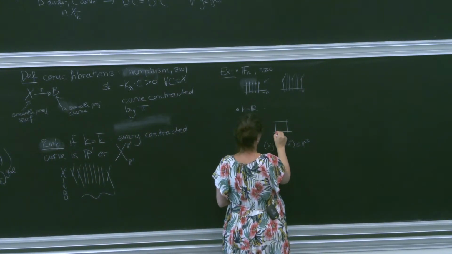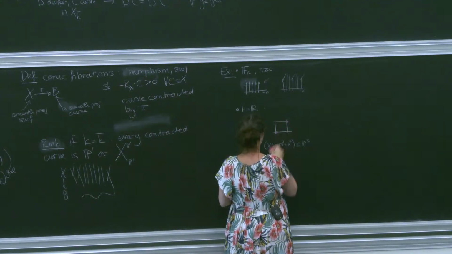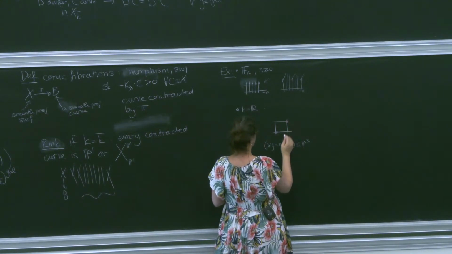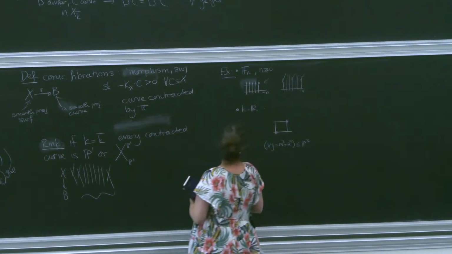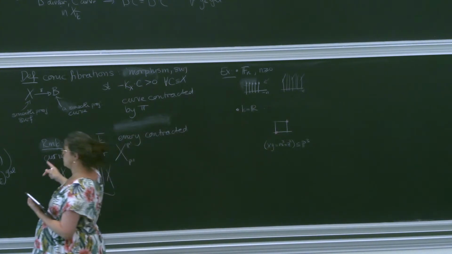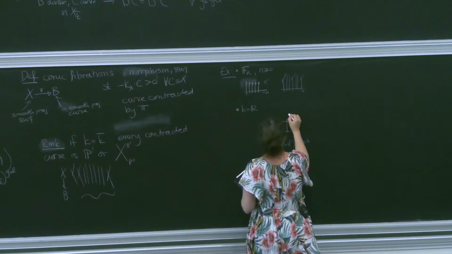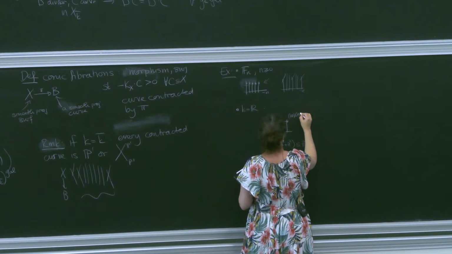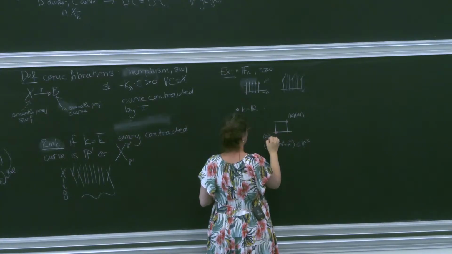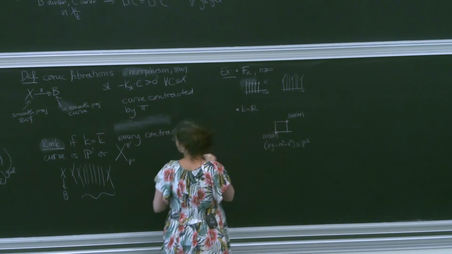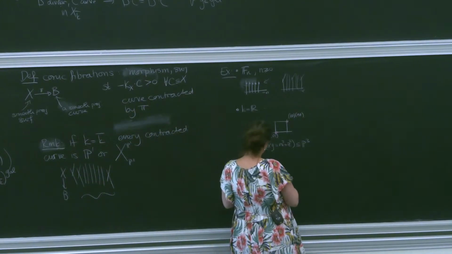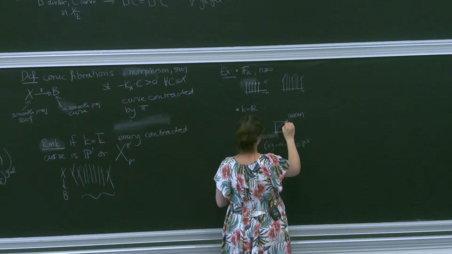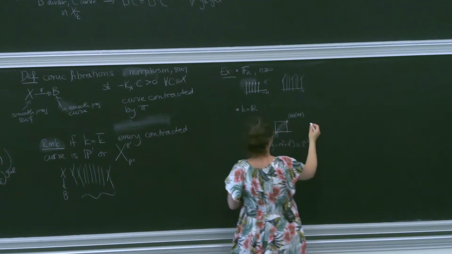I can take two real points. So let's say this is (1,0,1,0), and the other one (0,1,0,1). These are both invariant under the Galois action. They are real points. And then I take the (1,1) curves passing through these points.